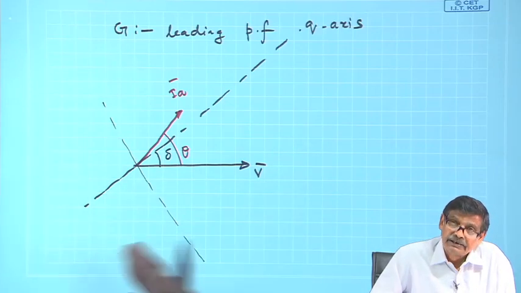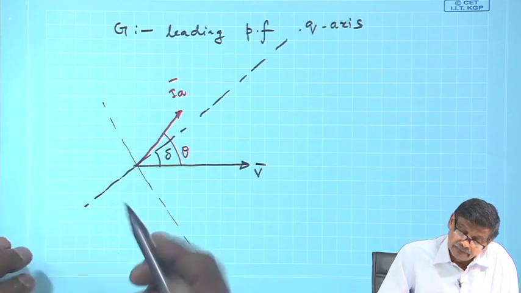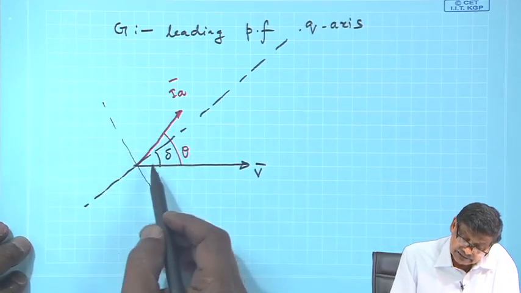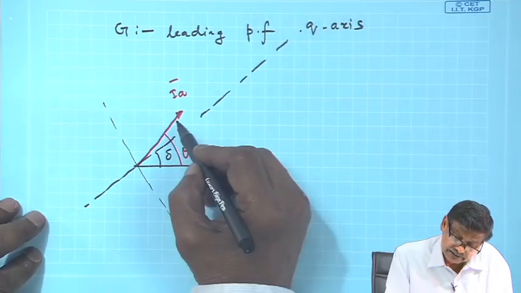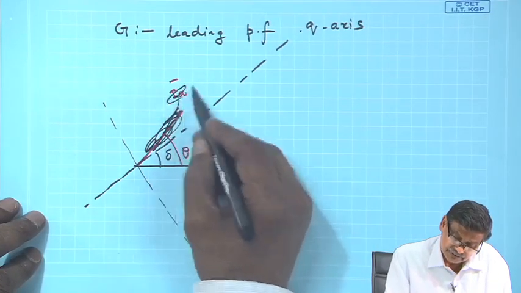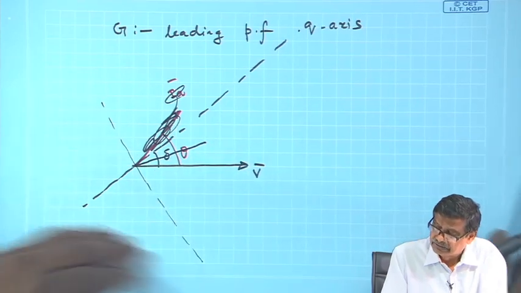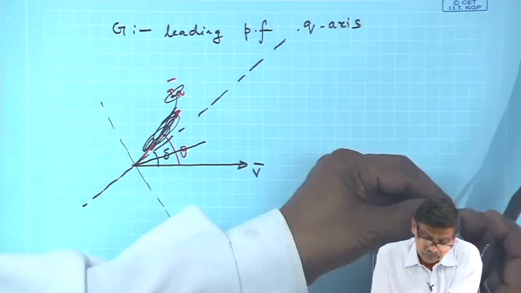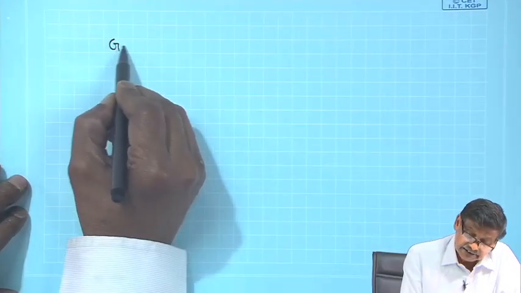I will sketch it again. This I a is for leading power factor. I will use this one. So, generator leading.